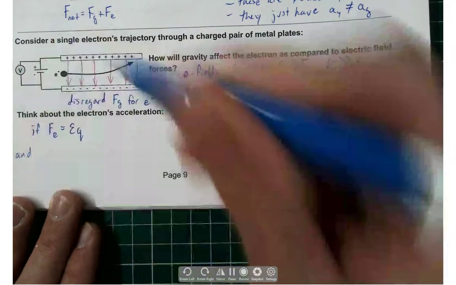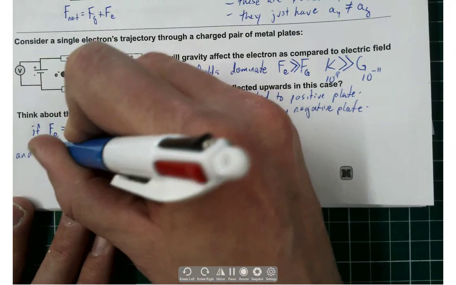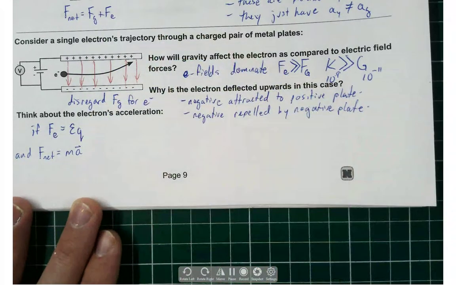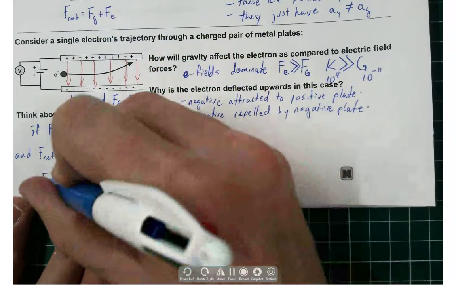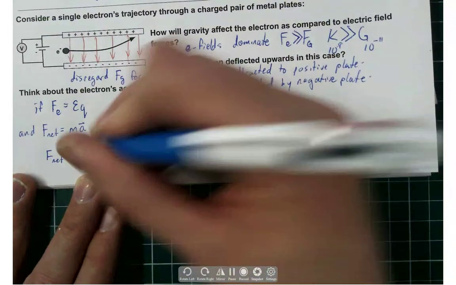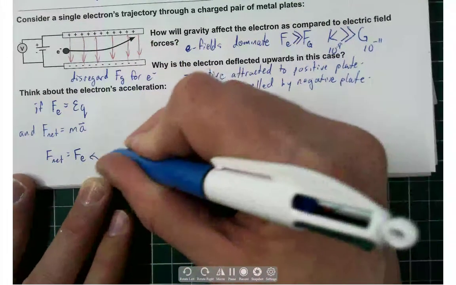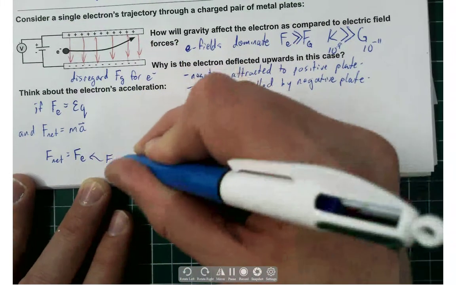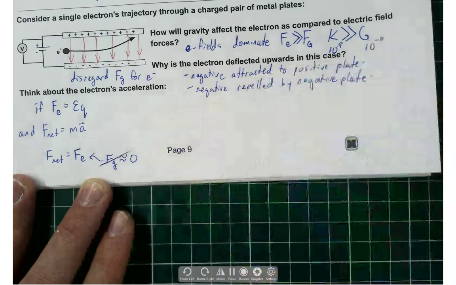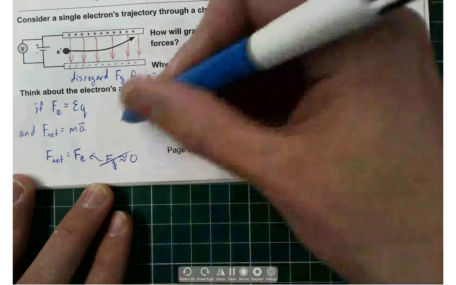So if F_e is equal to epsilon q and F_net is equal to mass times the acceleration of the electron, we could say essentially that F_net, because we're going to neglect F_g, is equal to F_e for electrons, because as I said, F_g is basically equal to 0. So we just don't even think about it for that F_net calculation, unlike the oil droplets.